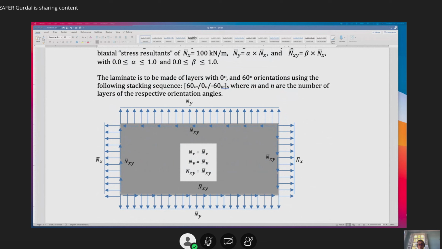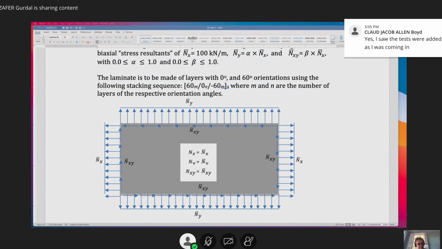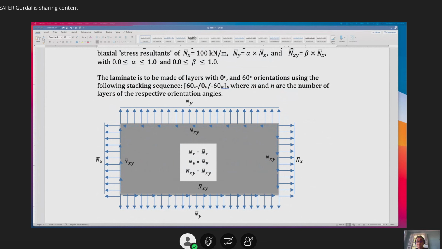In that case, we continue with the lecture, and the next topic will actually be bending. So we're going to probably also look at some bending equations for laminates. Claude says yes, he saw the tests as he was coming in.